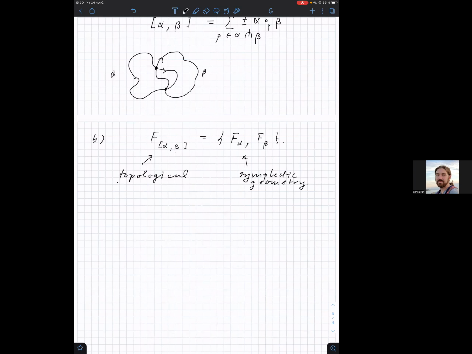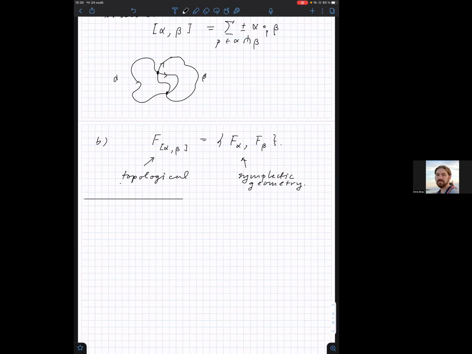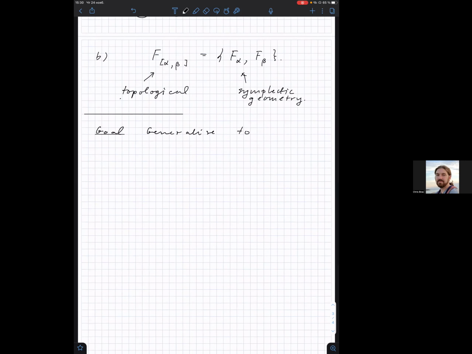Let me give you the goal. My goal is to generalize this picture in a few ways. One, most of all, I want to consider non-commutative closed oriented manifolds.